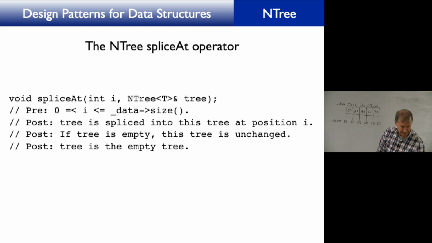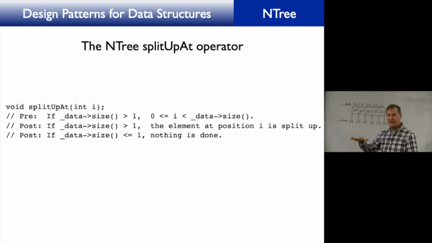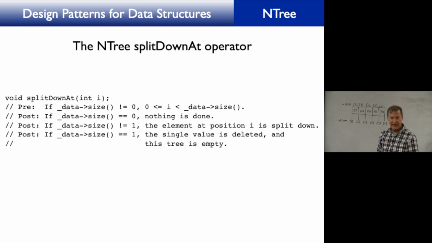We looked at the definitions of three basic operations. This one is NTree splice at, and so we saw the way to grow a tree was to splice another tree into it. The next one was split up at, where we took a data value and split it up. The third one was split down at, where we take a tree and split it down, and the two that are left get joined as the single root.